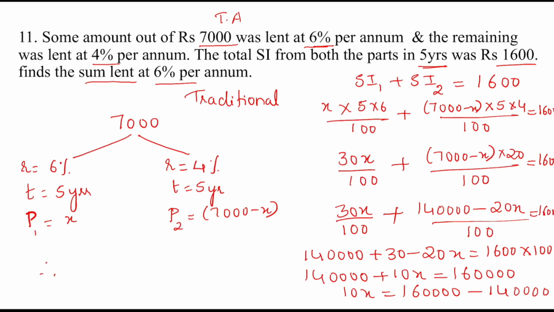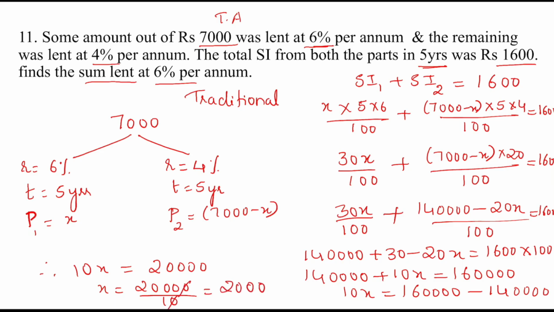Therefore 10x is equal to 2 and 4 zeros, that is 20000. Therefore x will be 4 zeros divided by 10, 0 cancels, which is equal to 2000.